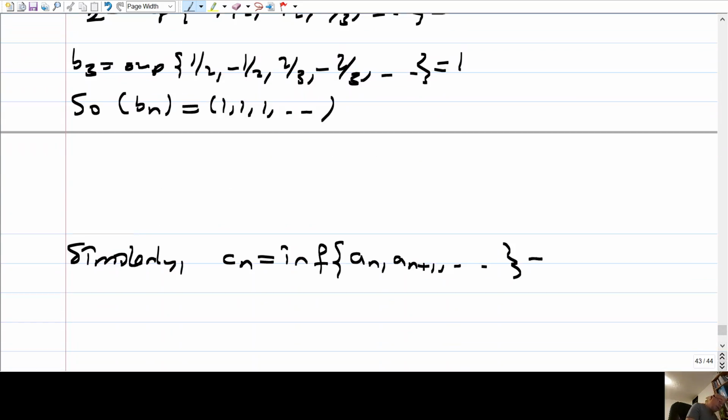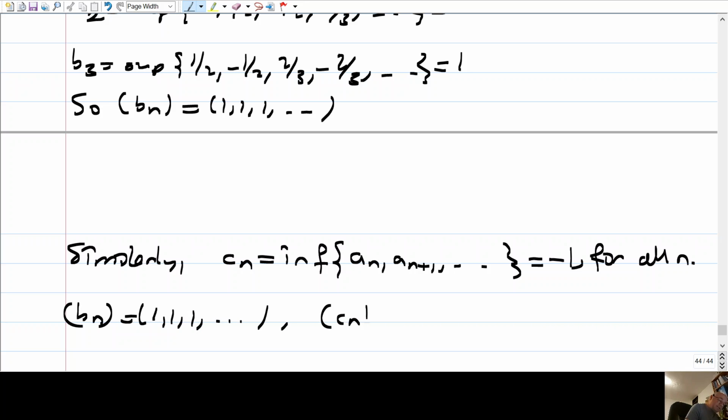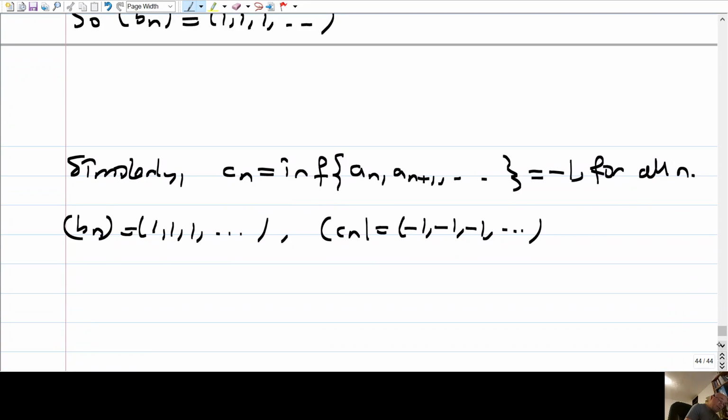So this time it will be minus 1 for all n. So both sequences are constant sequences, right? Bn is the constant sequence 1, 1, 1. Cn is the sequence minus 1, minus 1, minus 1. They are both constant sequences. This time the limit of Bn is 1 and the limit of Cn is minus 1.